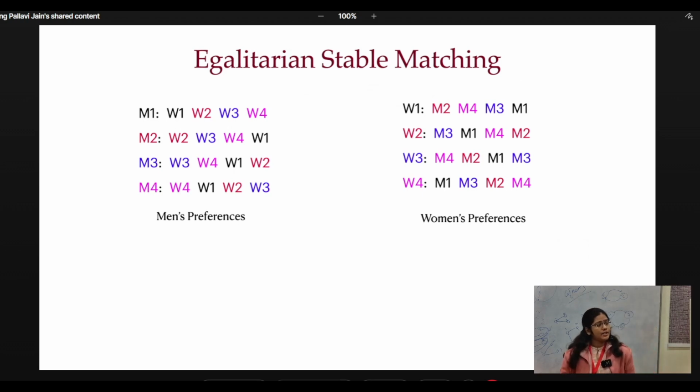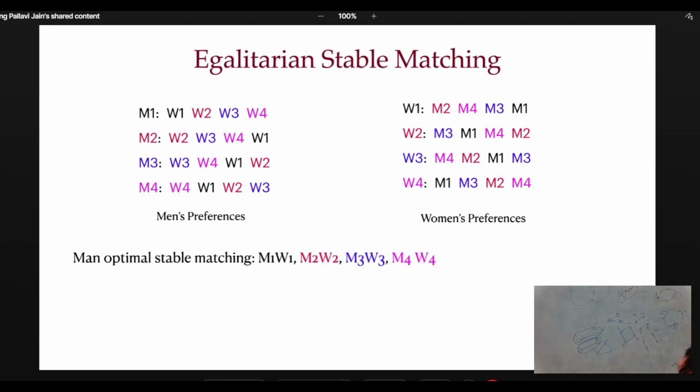What is the man optimal matching here? It's a very simple example, you can quickly see. M1 W1, M2 W2, M3 W3, M4 W4, that is the man optimal matching here. What is the egalitarian cost? 4. How come 4?